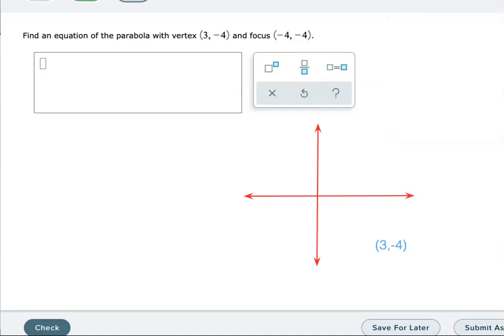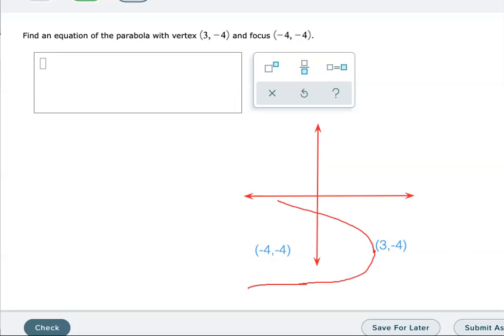So about so. We know that the focus pulls the parabola in that direction, which is to the left.